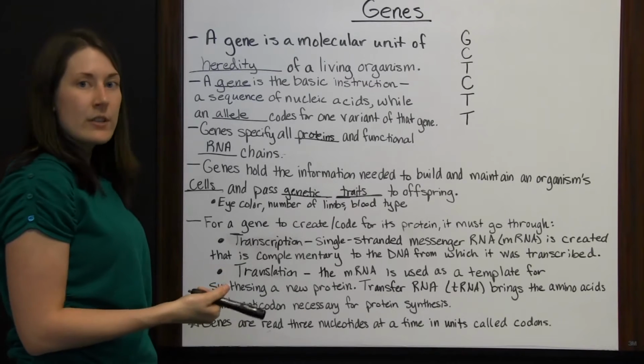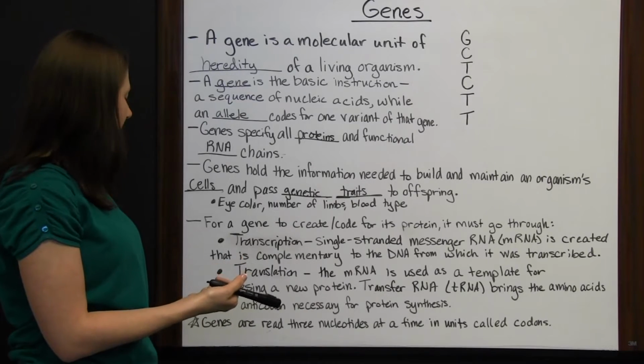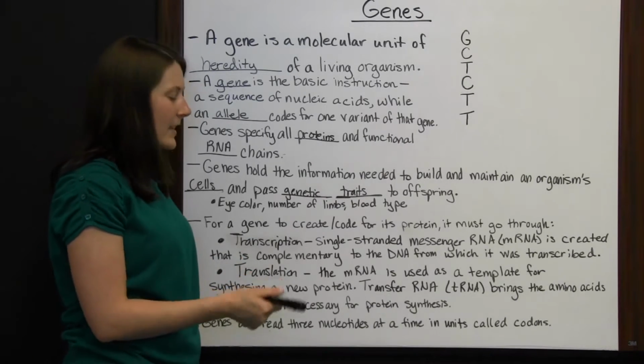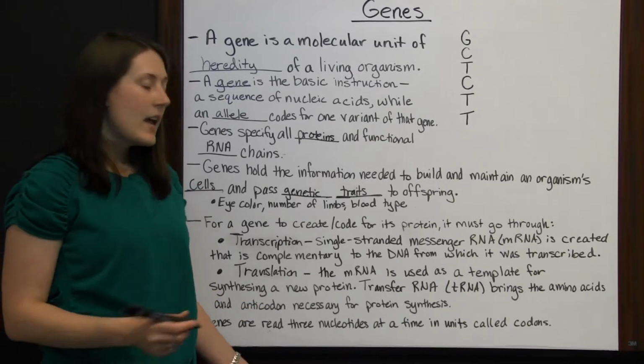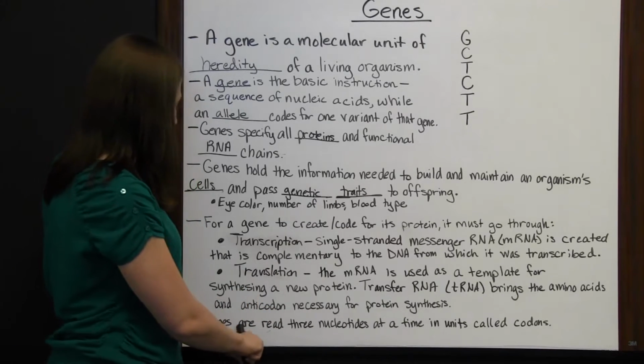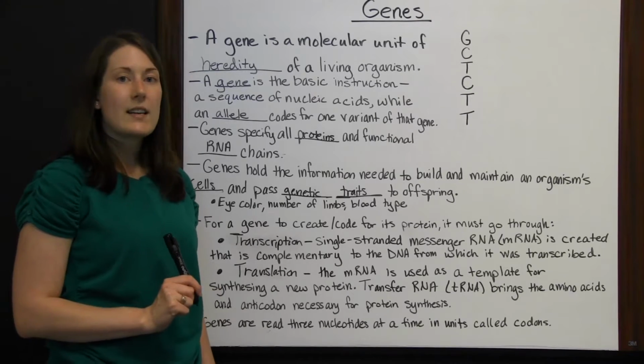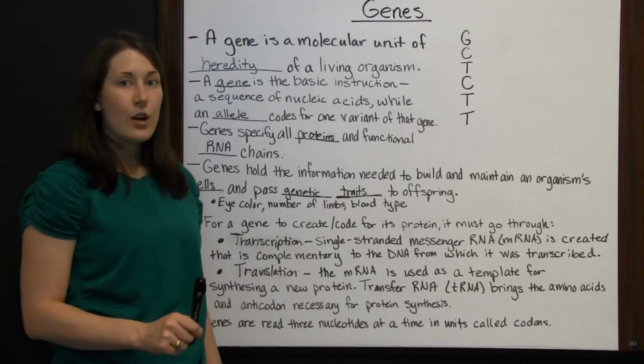Transfer RNA, or tRNA, brings the amino acids and anticodon necessary for protein synthesis. And something to remember is that genes are read 3 nucleotides at a time in units called codons.